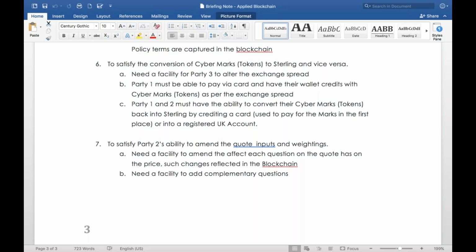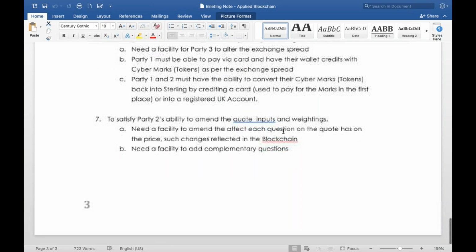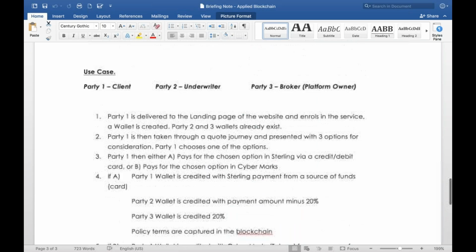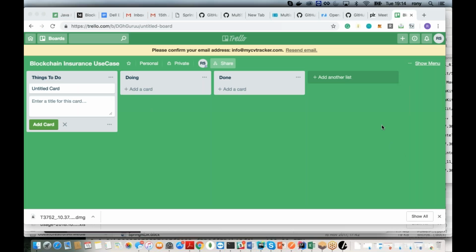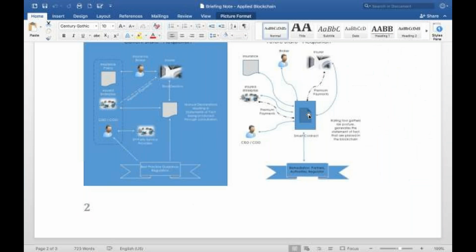Premium payments. If you see in the second image, can you scroll up? Yeah, there is a premium payment linked to this component.